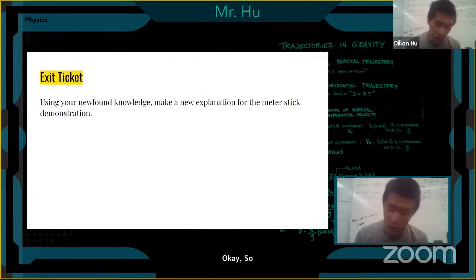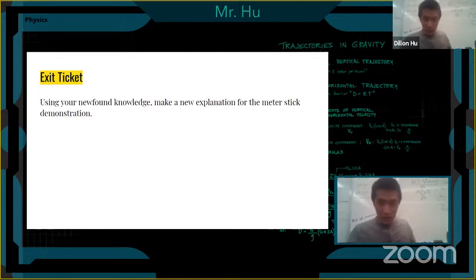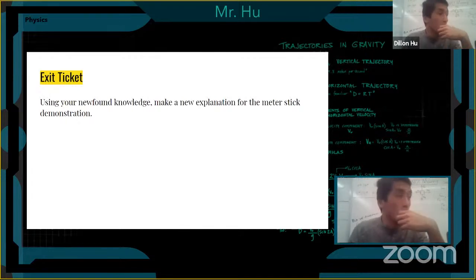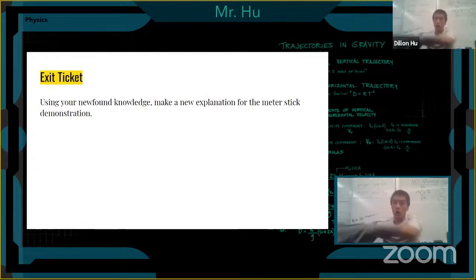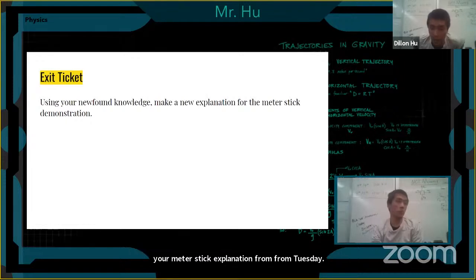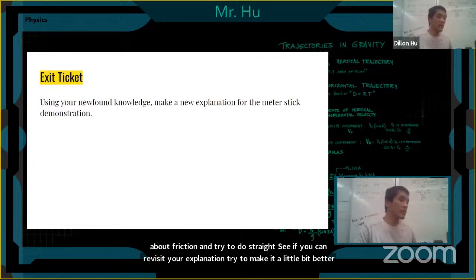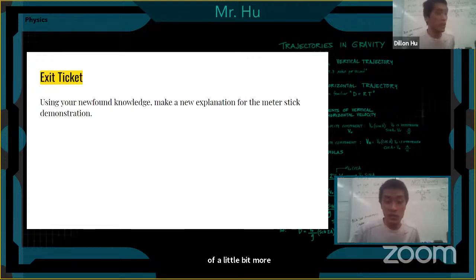Use what you've learned about friction and see if you can make your explanation a little bit better, a little bit more accurate. The slides are on Canvas, so you can go back and review them if you need to. Go to your graphic organizer, improve your explanation for the meter stick a little bit, and when you're done, submit it on Canvas.